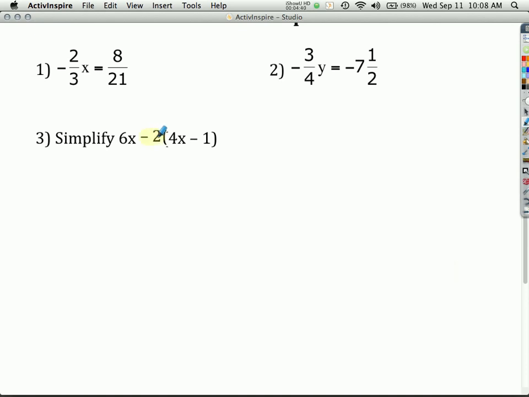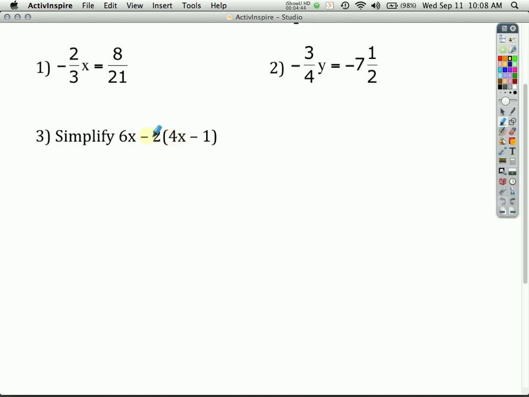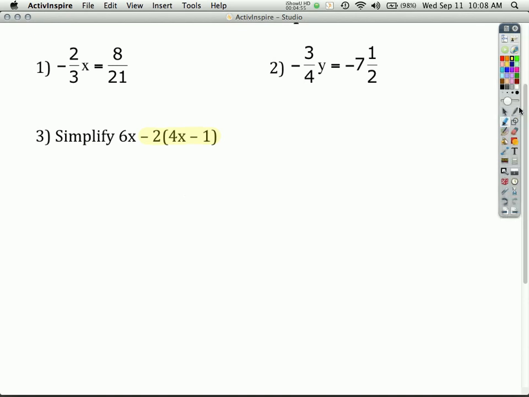Very good. This is the distributive property right there. That must be taken care of first. If you missed that it was -2, that might have been your mistake. But let's assume that you did catch that, and let's work from here.